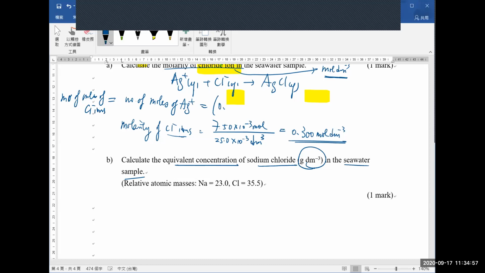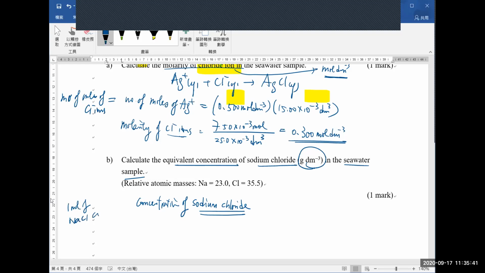[Student answers in Cantonese: after calculating chloride ion, multiply back using the 1:1 mole ratio, Na to Cl.] Oh, you mean 1 mole of sodium chloride contains 1 mole of chloride ion. Do you mean that? Yes. Yeah. So the concentration of chloride ion is the same as sodium chloride. So it is just exactly the same, 0.300 mole per dm cube.